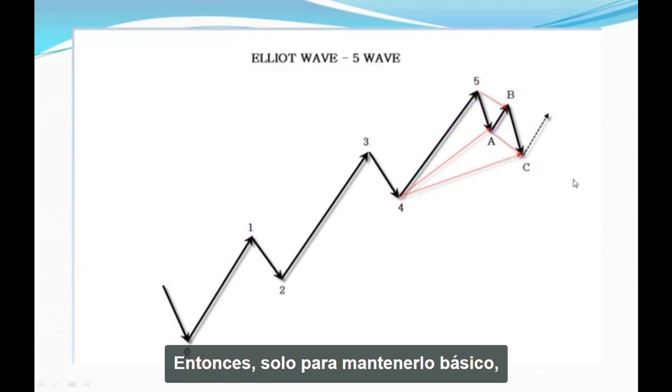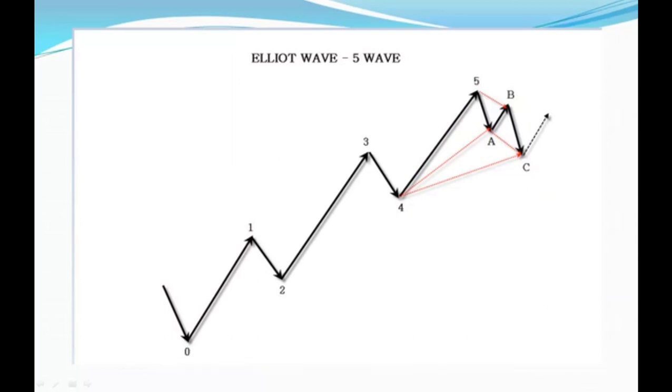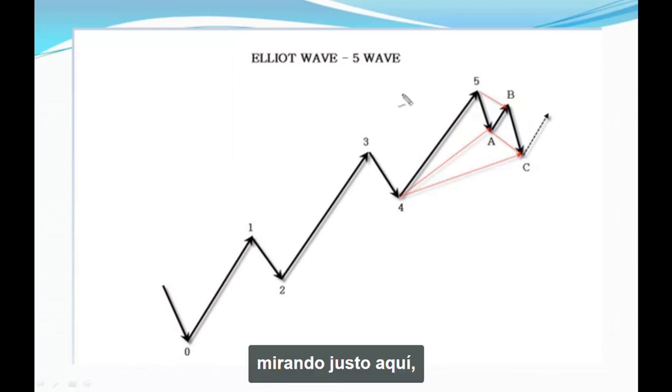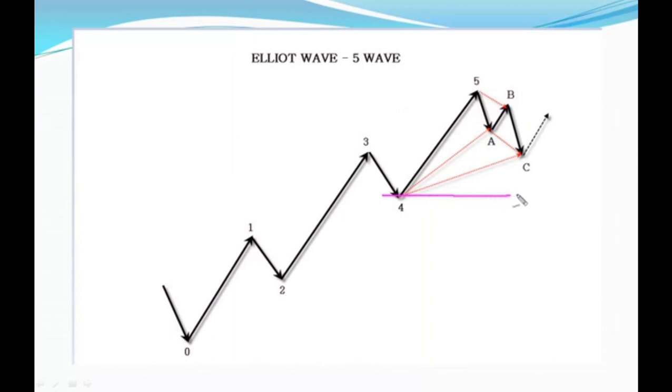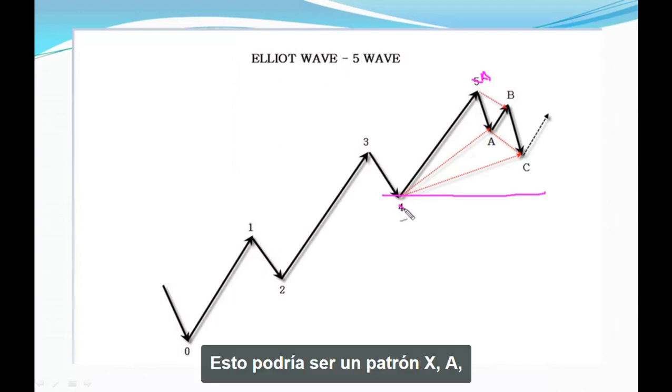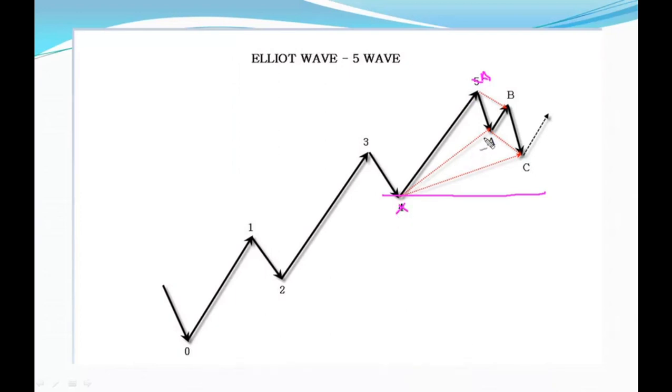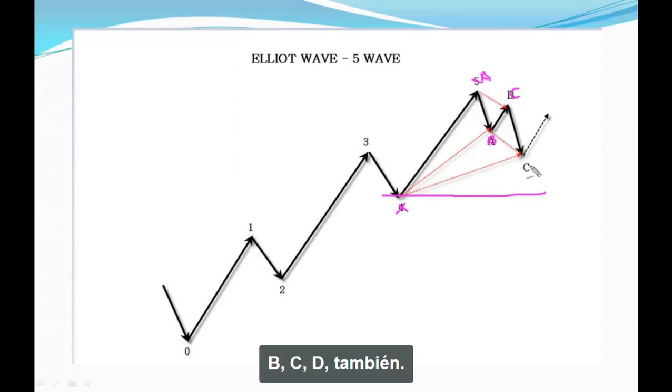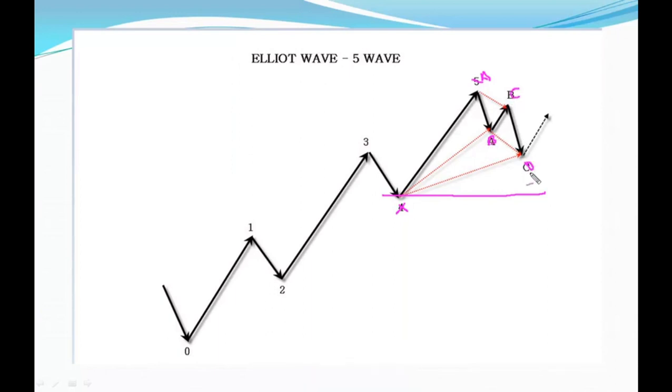So just keeping it basic, if we're looking at the Elliott wave structure, that ABC can actually be an A, this could be an X, A, B, C, D pattern also.